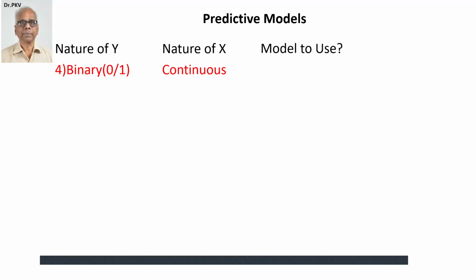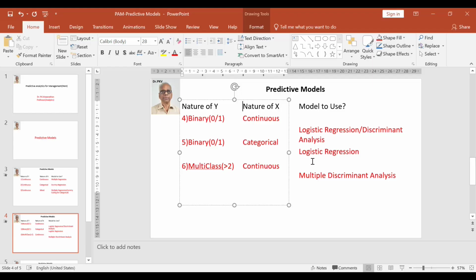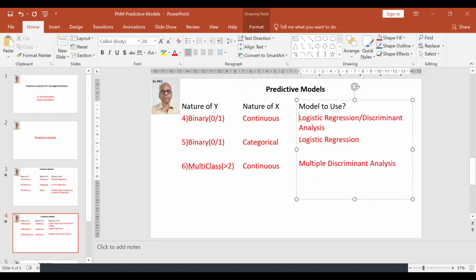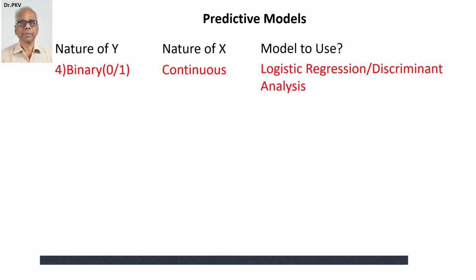Supposing the y variable is a grouping variable, or categorical binary type, 0, 1, and the nature of x is continuous. You can use a logistic regression model, or discriminant analysis, linear discriminant analysis of Fisher.